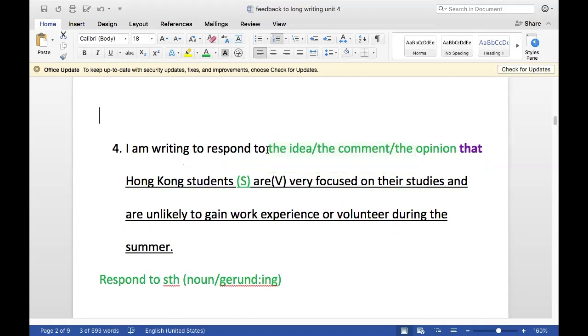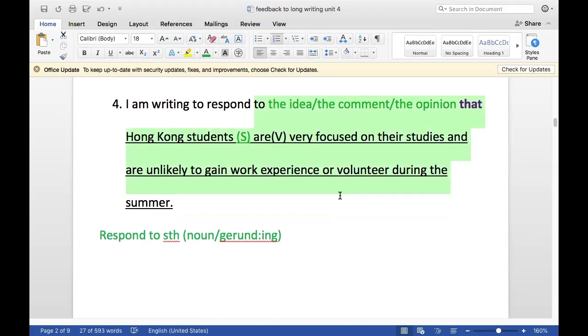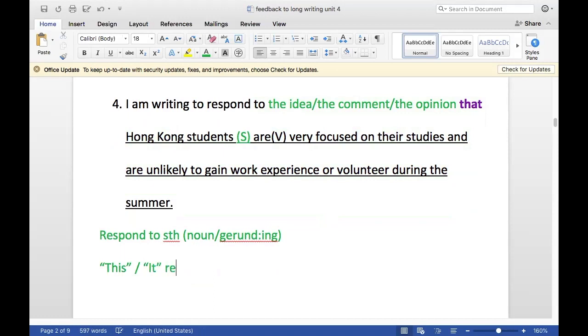This skill is tremendously helpful for you to answer some exam questions that ask you what does this refer to, or what does it refer to, right? You say it refers to something, like refers to the house.